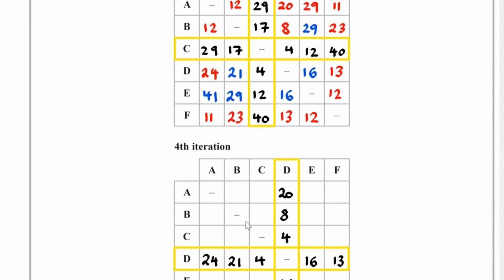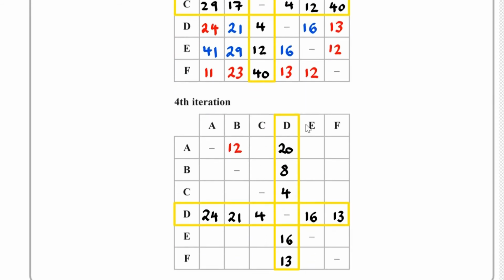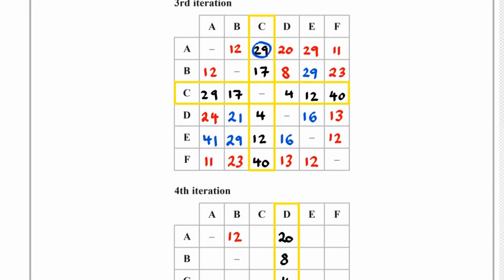So we compare the 21 plus 20 with the 12 over here. 12 is smaller, so 12 goes here. We then compare this 29 with 4 plus 20. 4 plus 20 is smaller than 29, so 24 goes here.